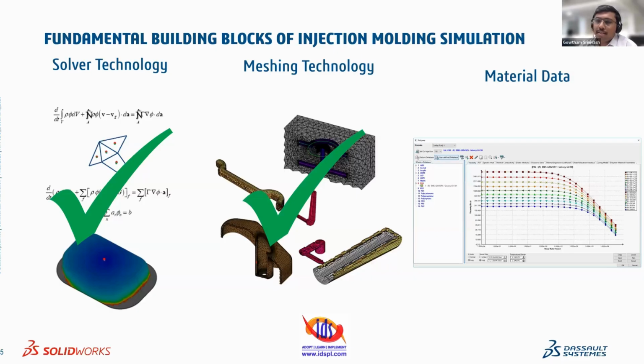But the most important aspect is the material data, because material data plays a major role in result accuracy. I said we have 4,500 plus material properties with us, but you may ask how to rely on the material.